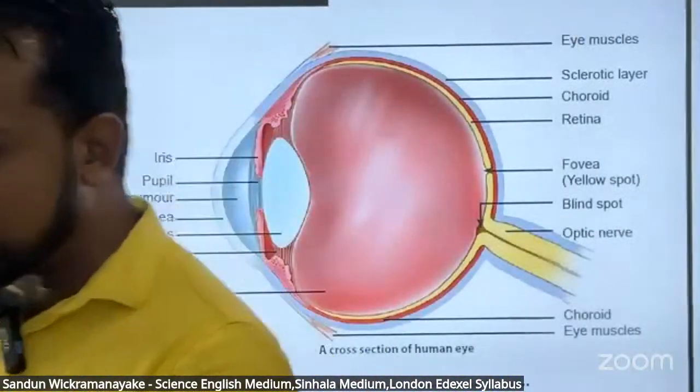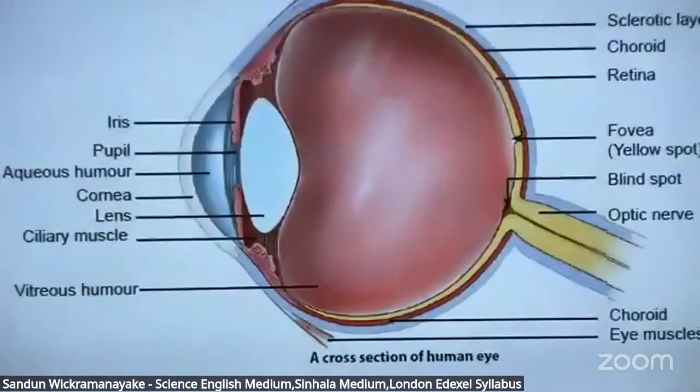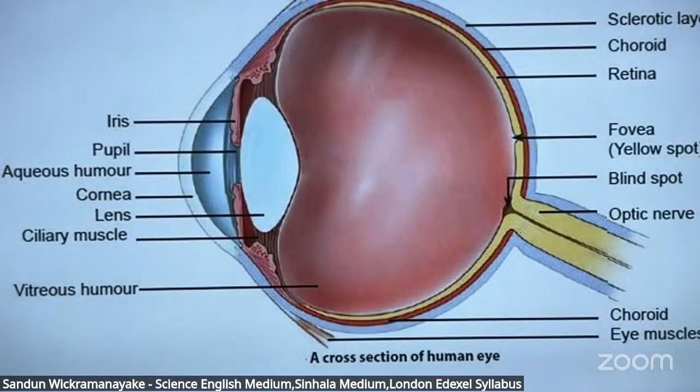This is a human skull. The eye is located in the face of the skull. This is the skull, human skull. Look at this.